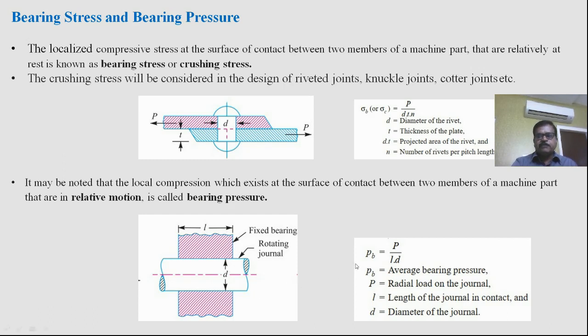This bearing pressure is equal to the force P applied through the journal, divided by the contact area known as the projected area, which is the length of the journal inside the bearing, L, times the diameter of the bearing. The bearing pressure is equal to the force applied upon the projected area.